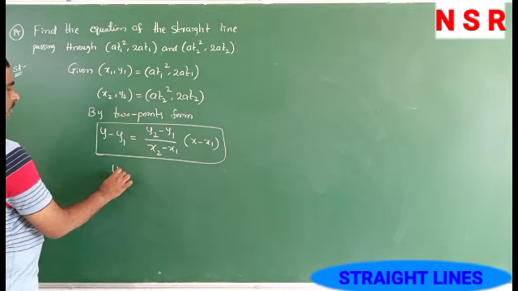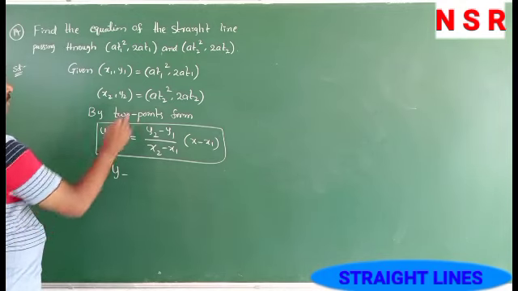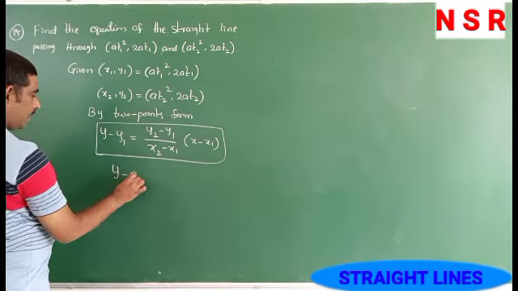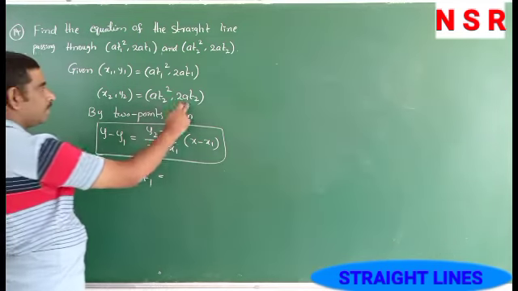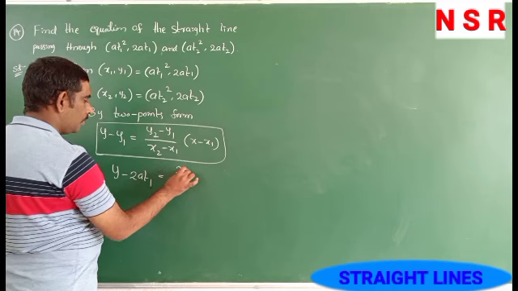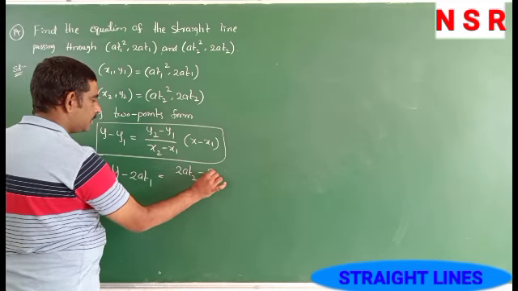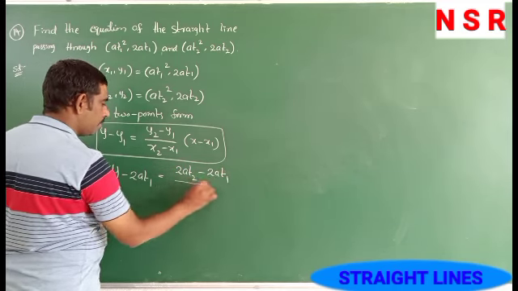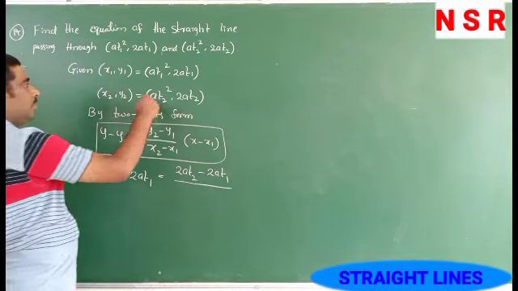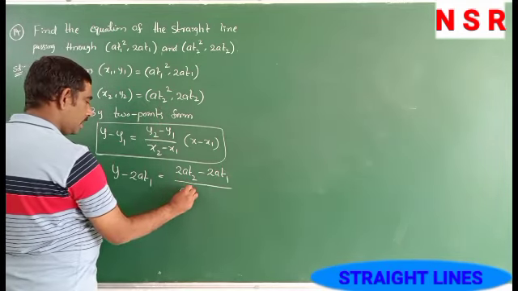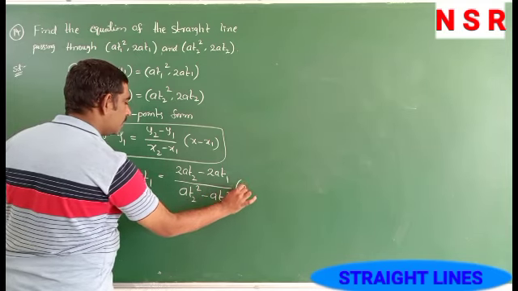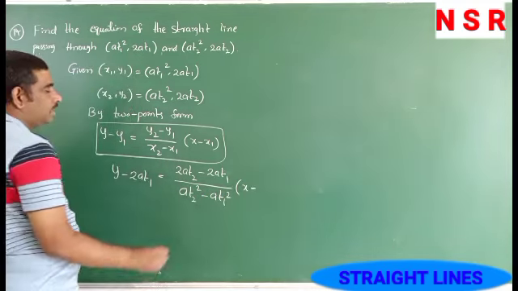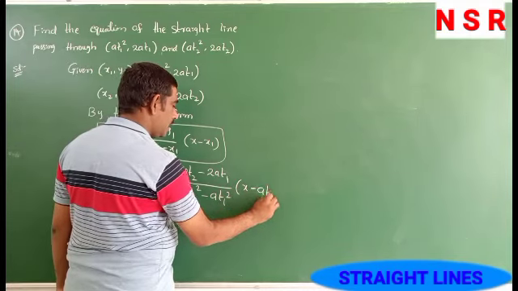So y minus y1, this is 2a t1, equal to y2 minus y1, 2a t2 minus 2a t1, by x2 minus x1, a t2 square minus a t1 square, into x minus x1, a t1 square.